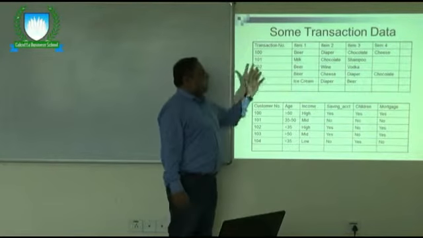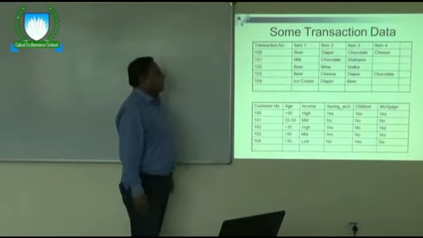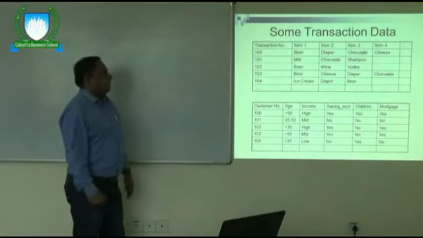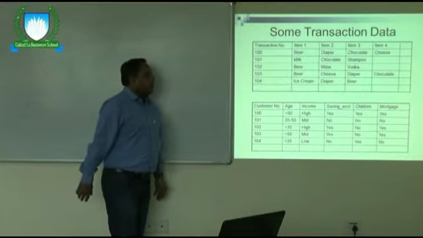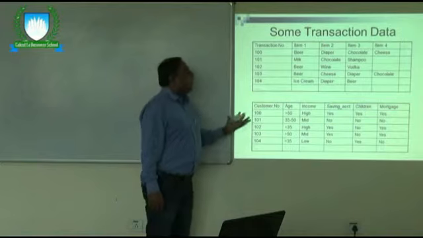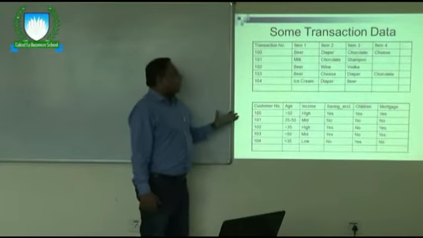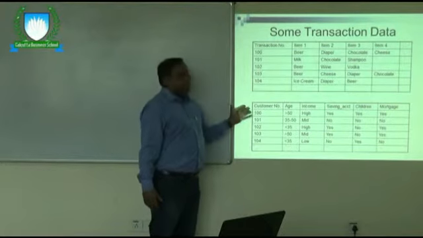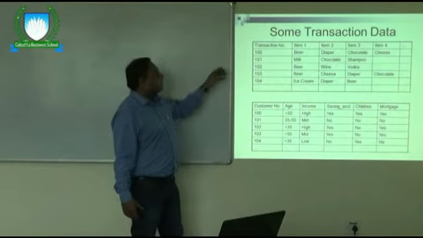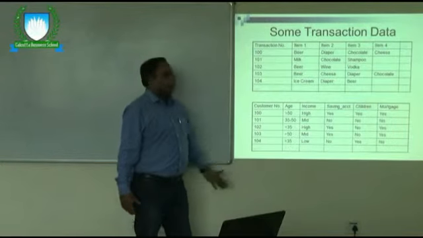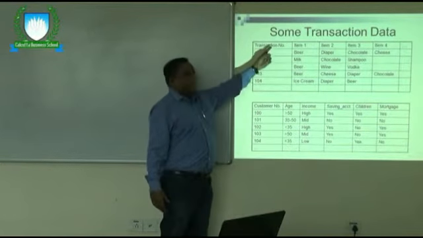Now, I will get into the subject in a deeper way. For that, I need to show you how a transaction database looks like. Ideally, a transaction database should consist of this kind of columns, where there are transaction numbers.